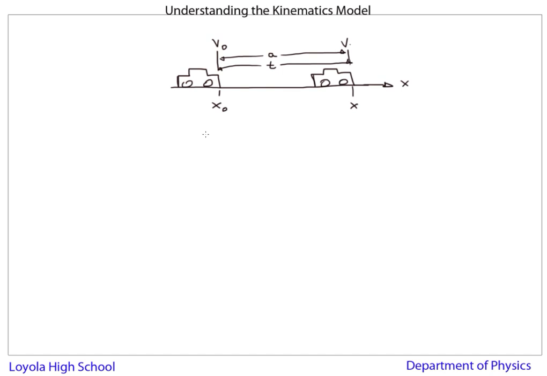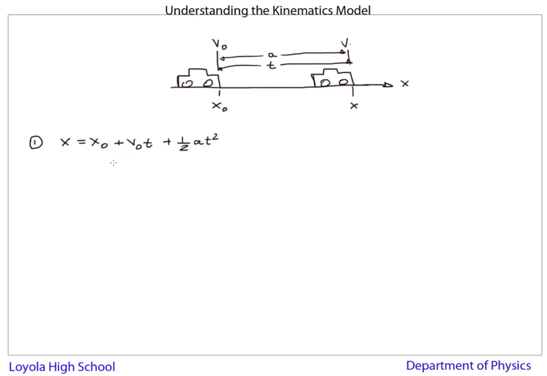So there are three kinematics equations, and I'm going to talk about each of those three right now. The first looks like this. The first kinematic equation is x equals x0 plus v0 t plus 1/2 a t squared.